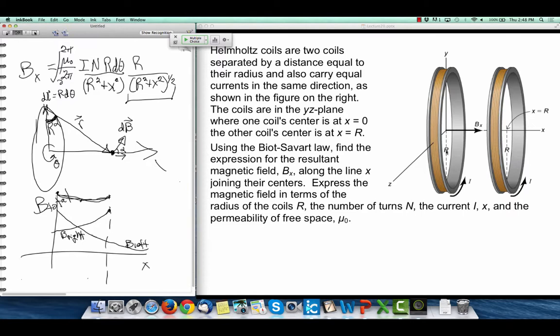You can produce uniform magnetic fields in different ways. This is one way. Anyway, this is simply practice using Biot-Savart law to integrate and find a magnetic field, and that's all I really wanted to say regarding that problem.